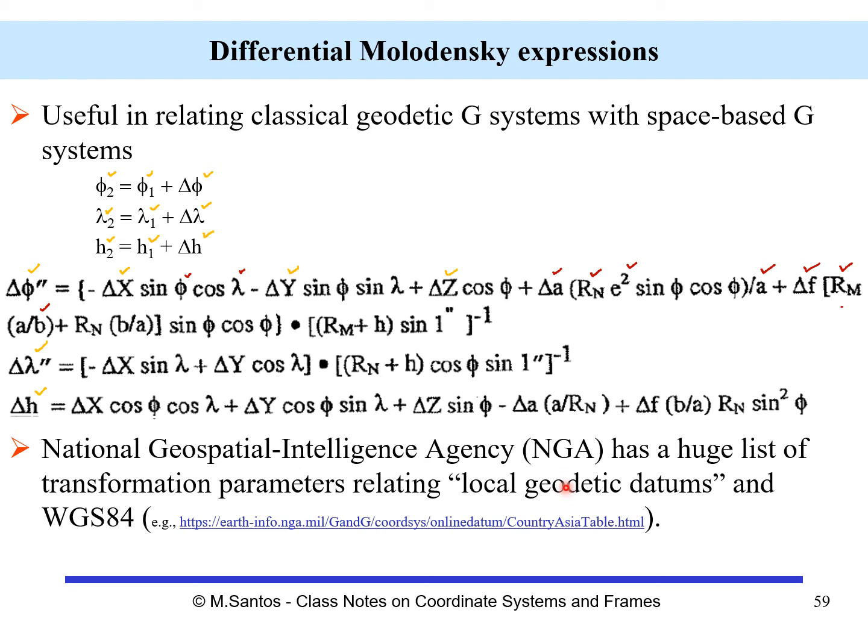They were occupying common points, and not that many, because they were basically just estimating 3 parameters, and then they use these differential Molodensky expressions. So we can see the differential Molodensky expression as a different way to use just 3 translations.